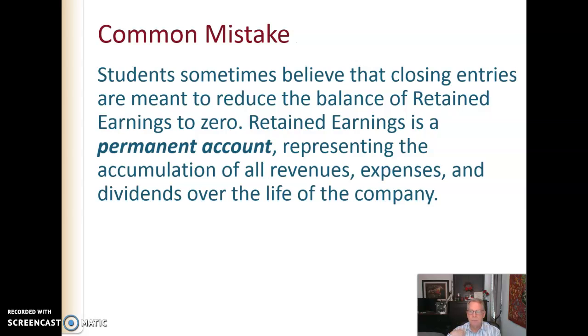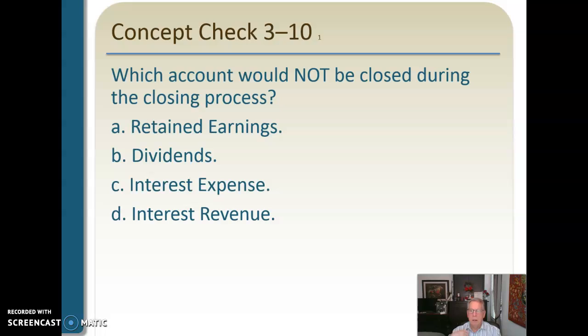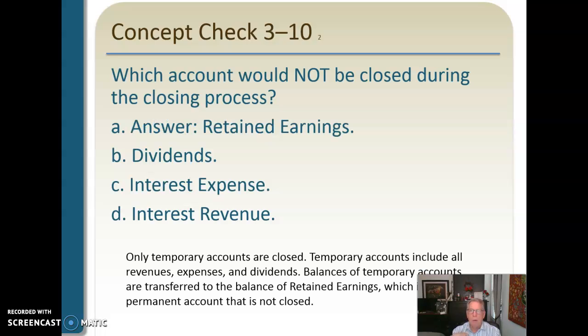Interesting, eh? All right. So, which account would not be closed during the closing process? And of course, that would be retained earnings, answer alpha. Only temporary accounts are closed.